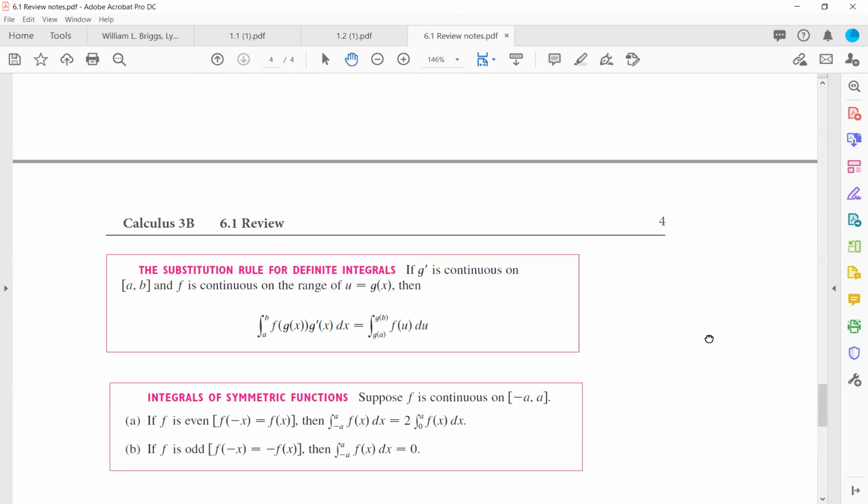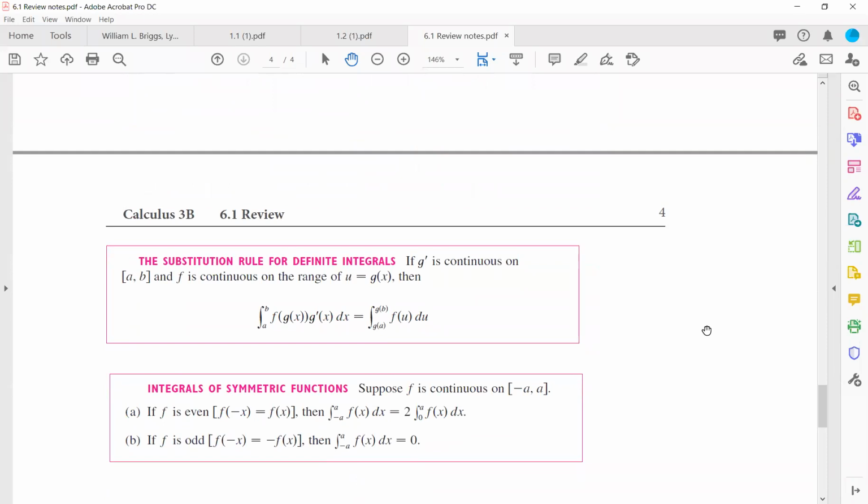Okay, so the substitution rule for definite integrals. Suppose the derivative of function g is continuous on a closed interval like a and b, and f is also continuous in the range of function g. Again, since we are composing these two functions, the domain of one of them is the range of the other one.